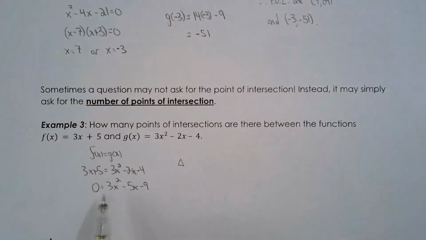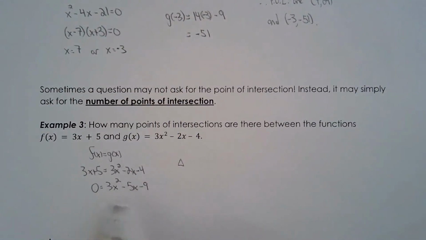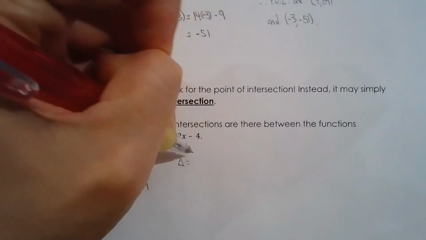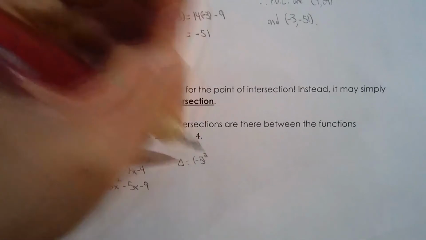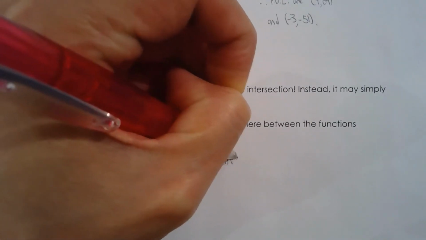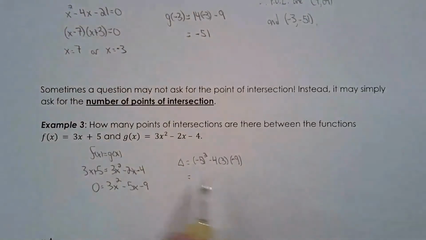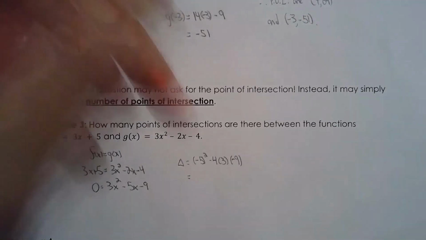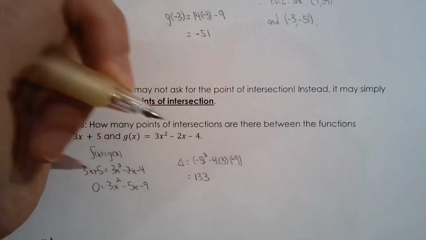So we want to know how many real roots there are for this equation. So b squared minus 4ac. I can already see that it's positive, but I'm going to crunch it out. So it's 12 times 9 is 108, 108 plus 25. That's 133.